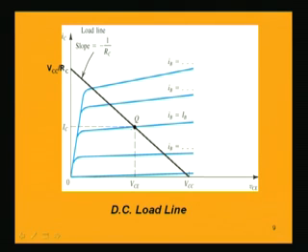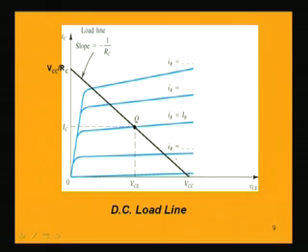If Q is not located around the middle of the load line, suppose it is shifted either to the saturation side or to the cutoff side, then we will not get class A type of operation, because in power amplifiers the base current will be high. It is not in the order of microampere range as we earlier got for the small signal amplifiers. It may be in the order of milliampere range.